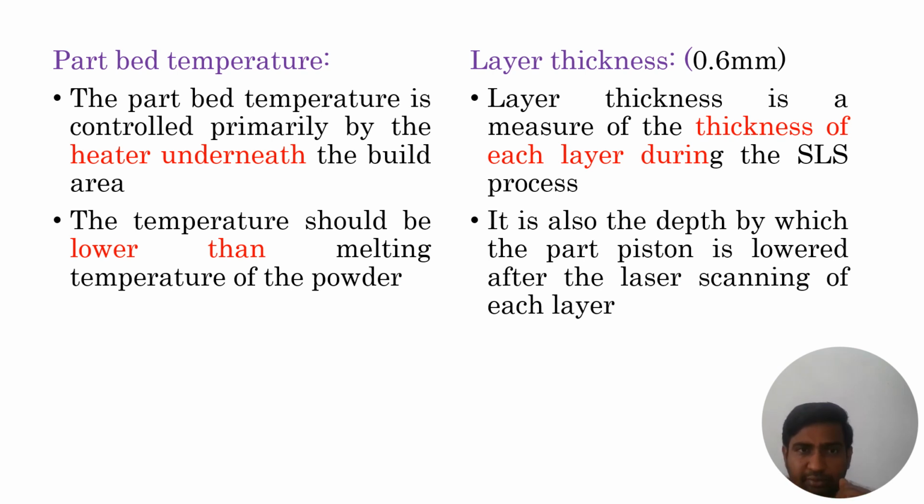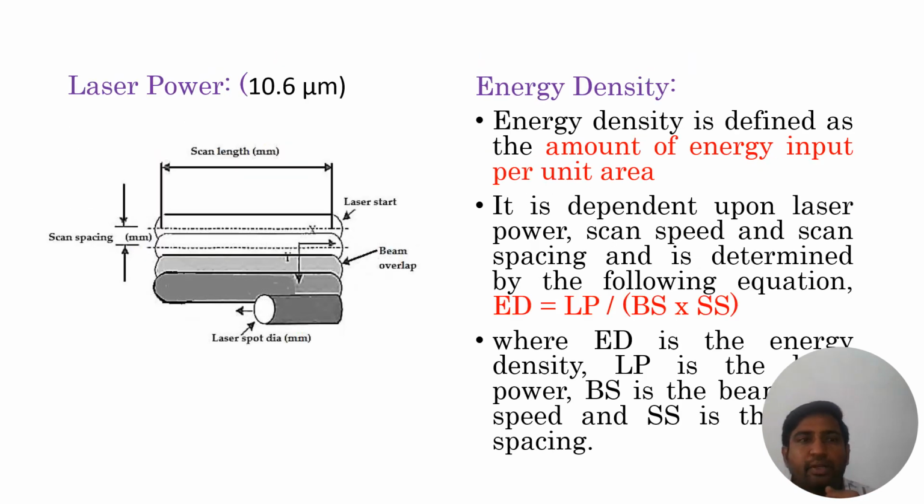The bed is maintained at a certain temperature. Next, layer thickness matters, as it helps the machine in the slicing process. The layer thickness is the thickness of each layer during the SLS process.